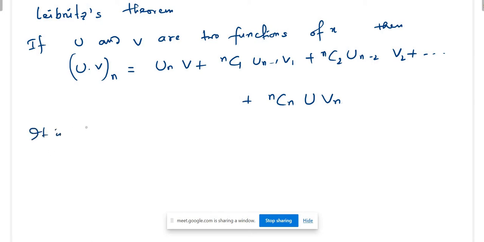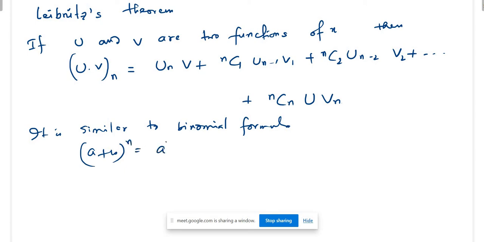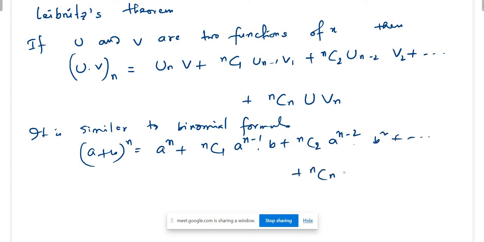Something like it is similar to the binomial formula. a plus b whole to the power n equal to a to the power n plus nc1 a to the power n minus 1 into b plus nc2 a to the power n minus 2 into b square plus dot dot dot plus ncn. ncn is already 1. ncn is always 1, a to the power 0, b to the power n, only b to the power n.